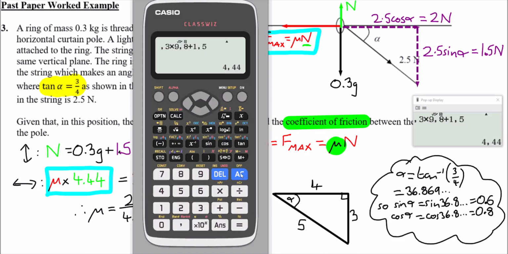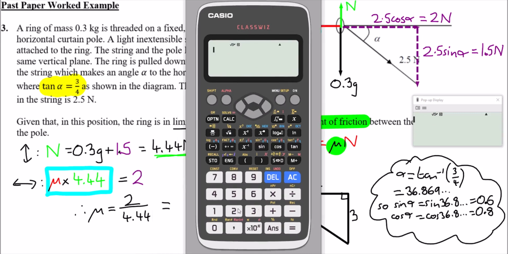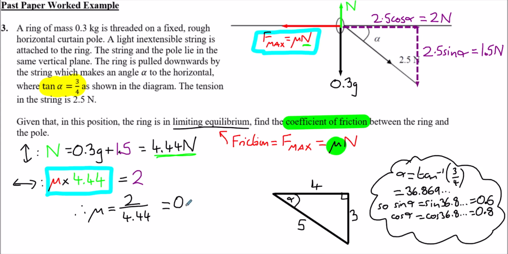Be prepared to round this to a suitable degree of accuracy, because this is going to be an awkward decimal. 2 divided by 4.44 is going to give us 0.450. It's a coefficient, so it's unitless. So it's just 0.450 to either 3 significant figures or 3 decimal places, either or. So that's our estimate for mu.